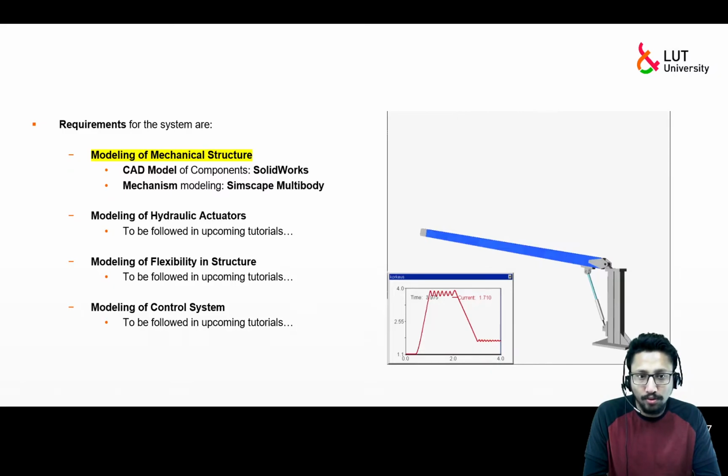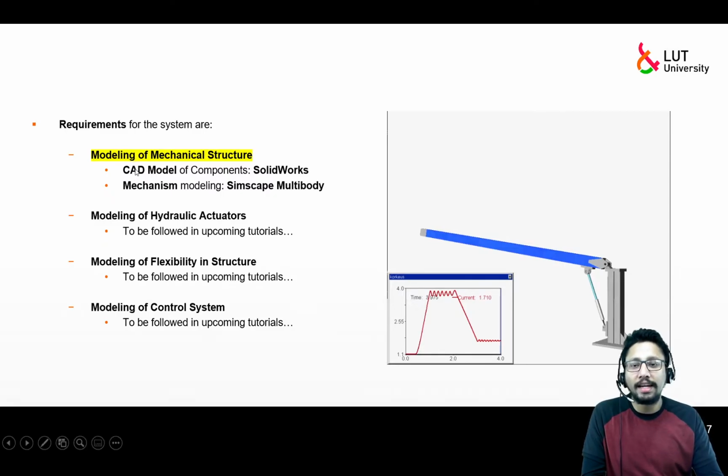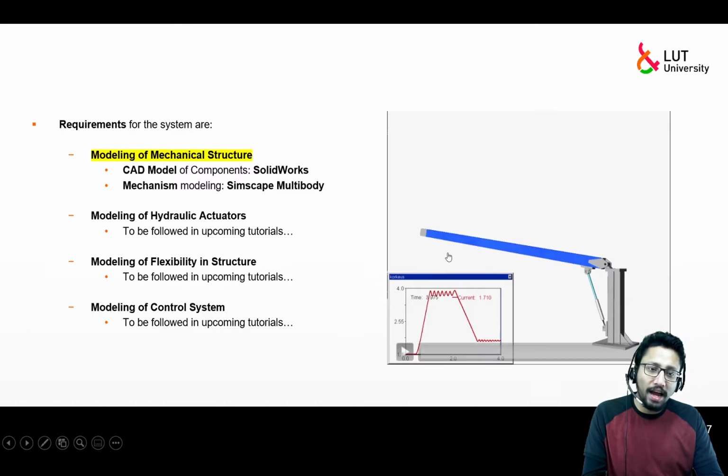It's you who are going to do this modeling process. So we will need a CAD software such as SolidWorks in order to model these CAD files. Then once we have all the CAD files for all the components available, we can simply model our mechanism using Simscape Multibody.